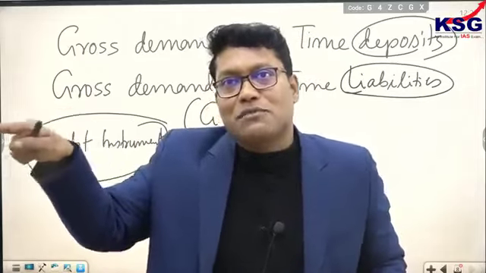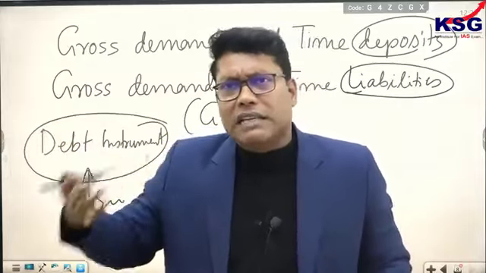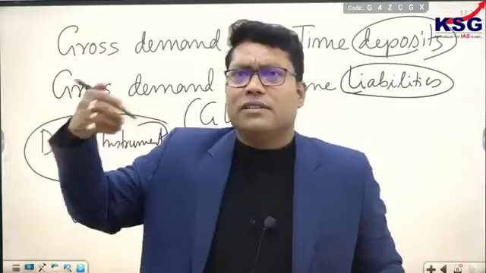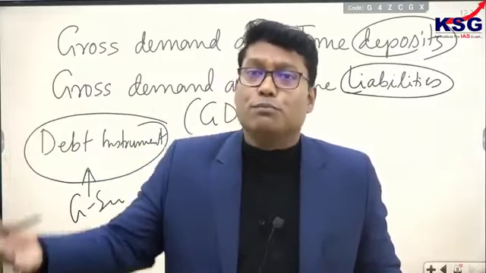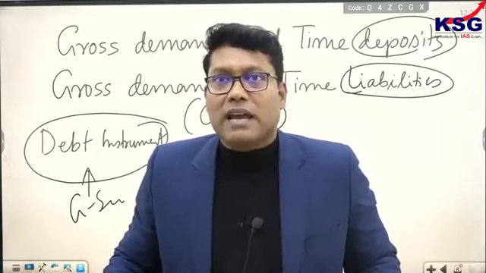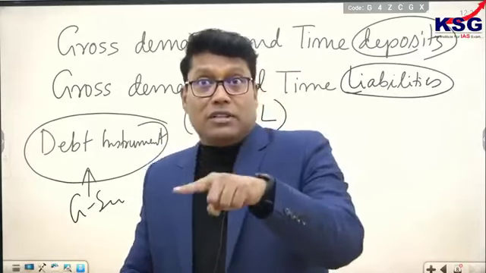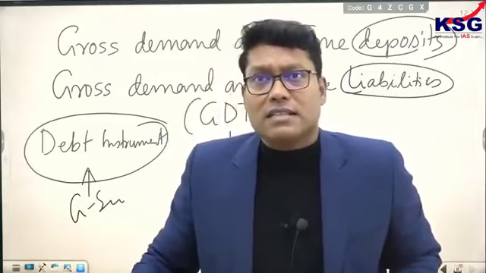This much amount is with the borrower, and they have to give it back to you, maybe monthly in EMI form, or after 5 months, or 2 years. But the borrower who borrowed this money from you has to pay you back. So you are claiming on that. You are the bank, you lent, so you are claiming on that. Since it's your claim, for you it is your asset.